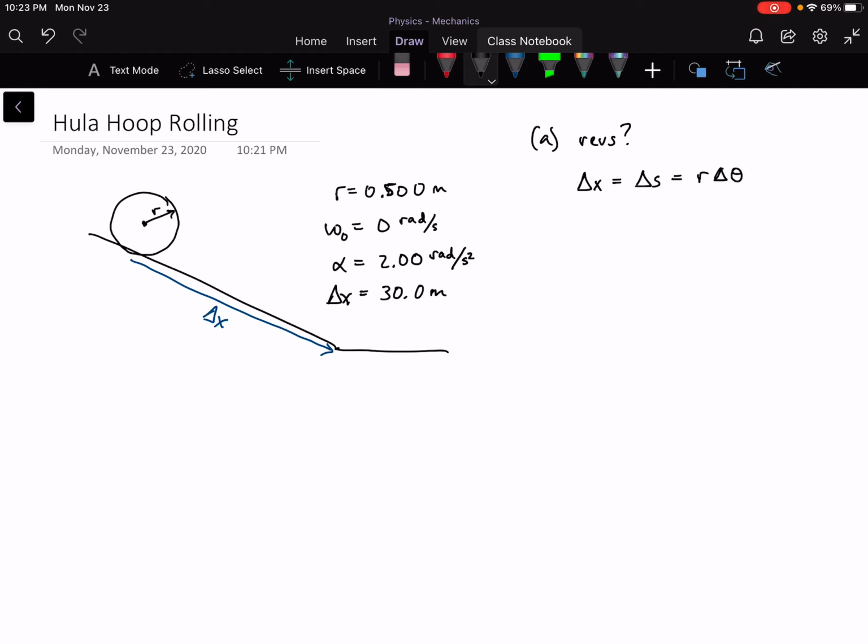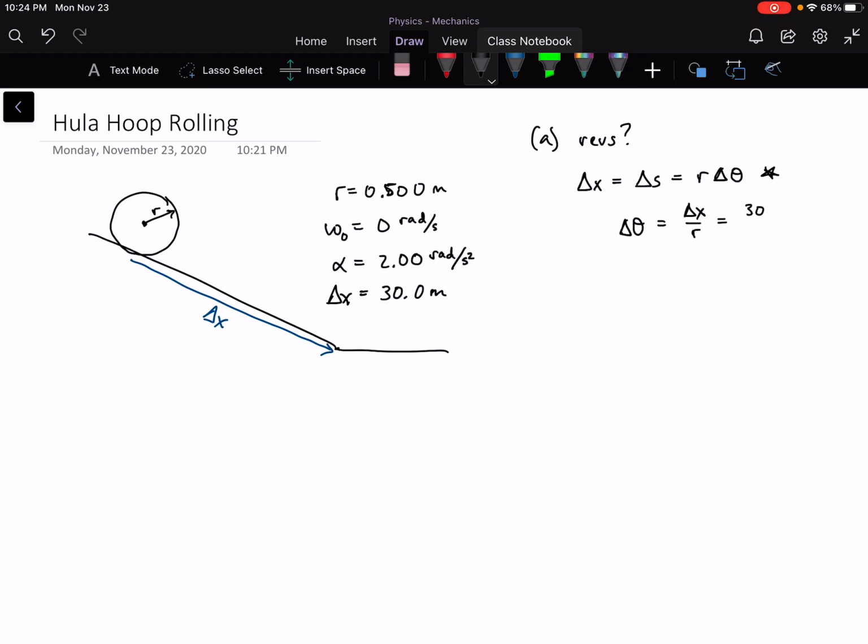Okay. This only holds if you're rolling without slipping, but we're told we are, so we're okay. And if we look at this, we know everything we need to know to calculate what delta theta is. That's going to be related to the number of revs. So that's delta x over r.